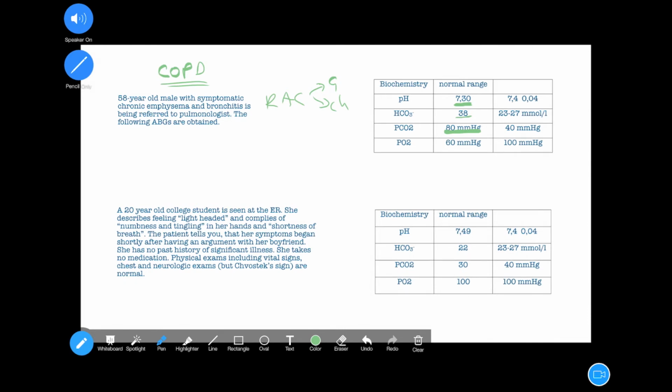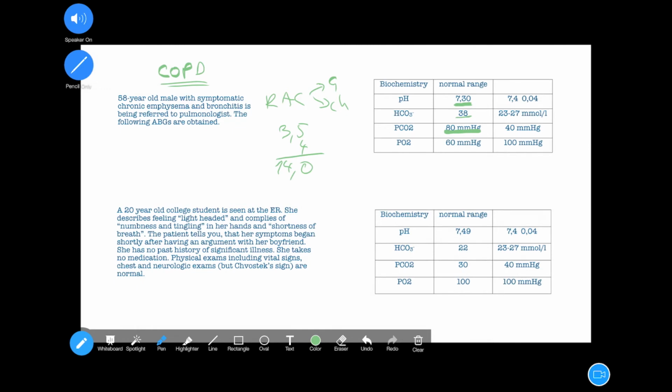And if I check the formula over here, I see that for every increase of 10 millimeters of mercury, in case of chronic respiratory acidosis, the bicarb should be increased by 3.5. But over here the increase is by 40. Okay, so it's 4 times more. So 3.5 times 4, how many? 4 times 3 is 12, 14.